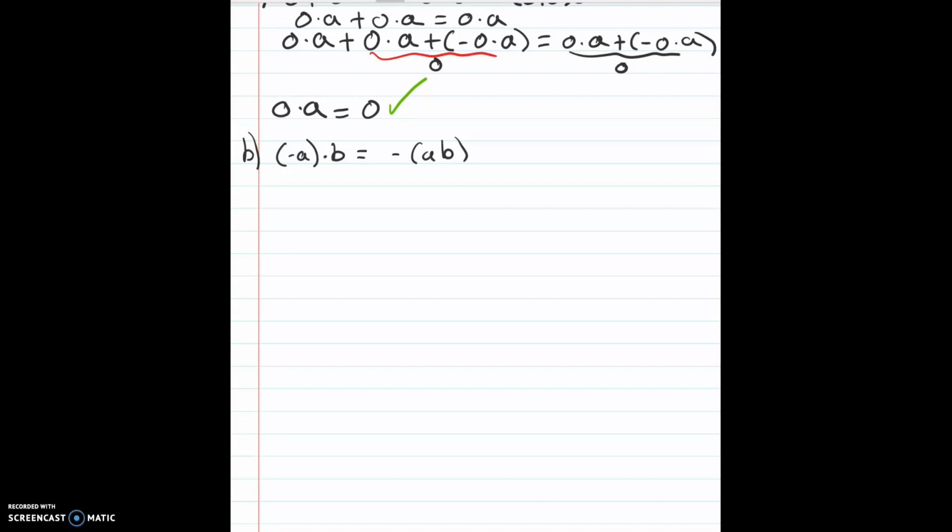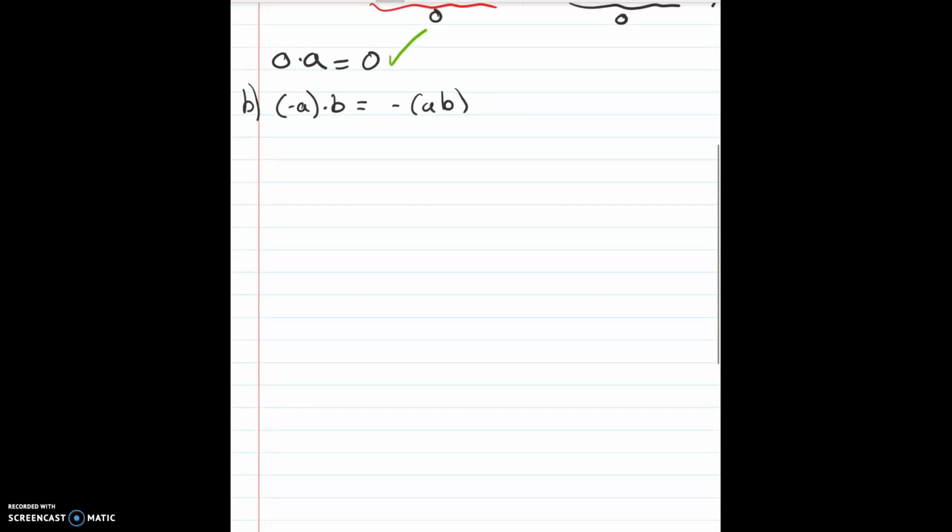So how do we show this? Well, we know that A times B plus negative A times B is equal to A plus negative A, times B. How do we know this?